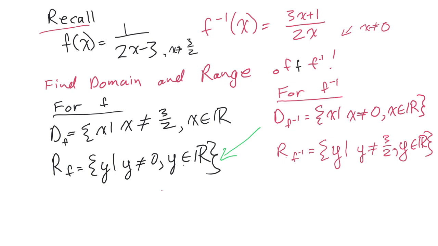Oh my goodness, that's insane, isn't it? So the domain of the regular function is the range of the inverse function, and the domain of the inverse function is the range of the original. And that's it, right?